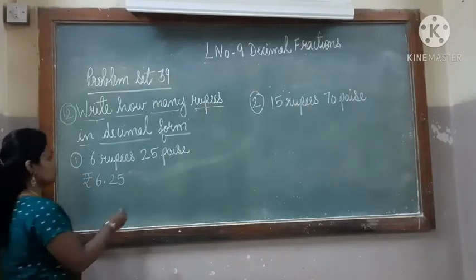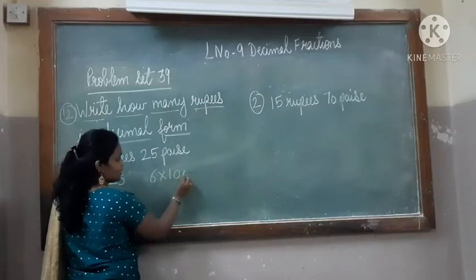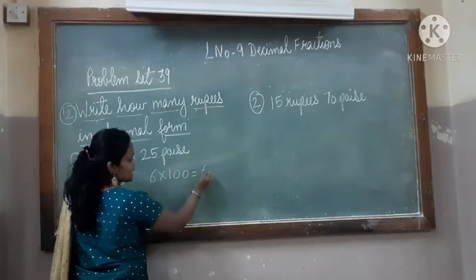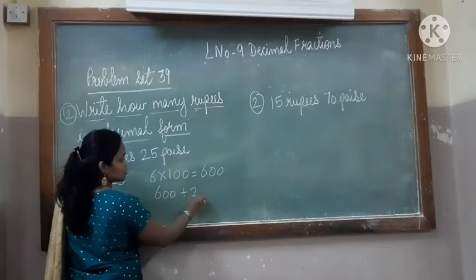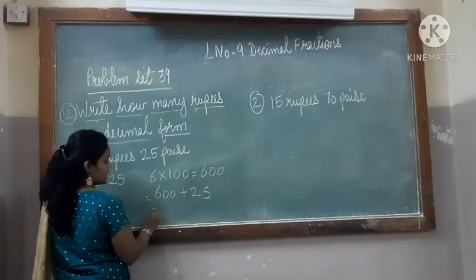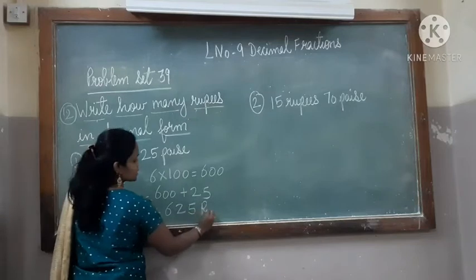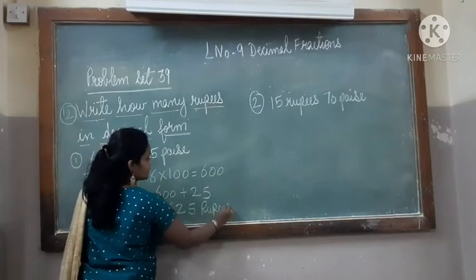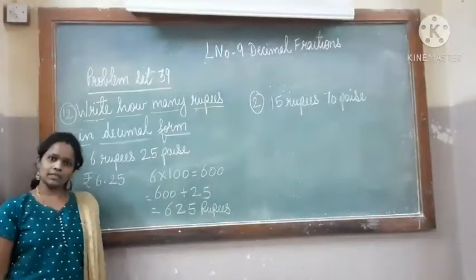How it is, I will show you the calculation. See, when you do 6 multiplied by 100, you get 600. Then 600 plus 25, we get the answer 625. That makes 6 rupees 25 paise.